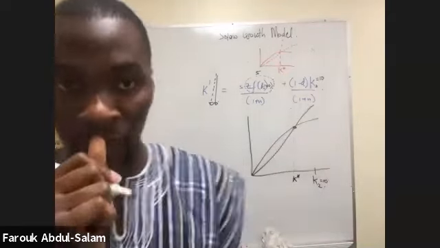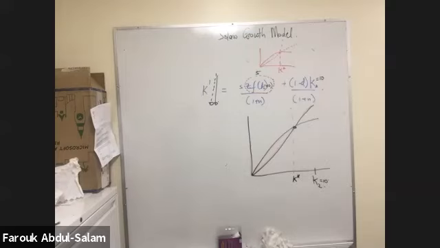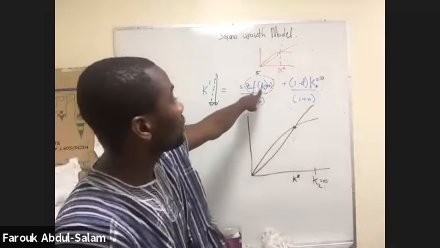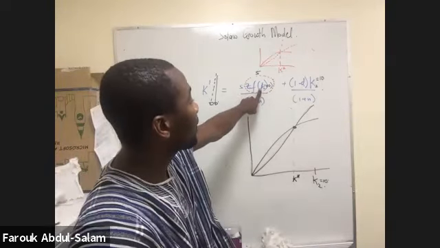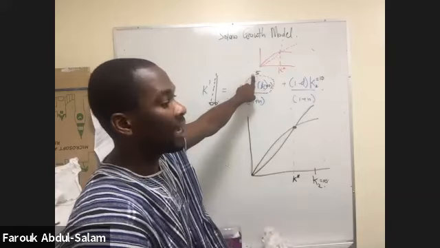Is that okay with everyone? Is it confusing? Let me go back. Do you guys have questions? Let me pause because it might be confusing. Imagine I put in k to be 10. Because of diminishing returns, I might get a return, but not as high as I put in.